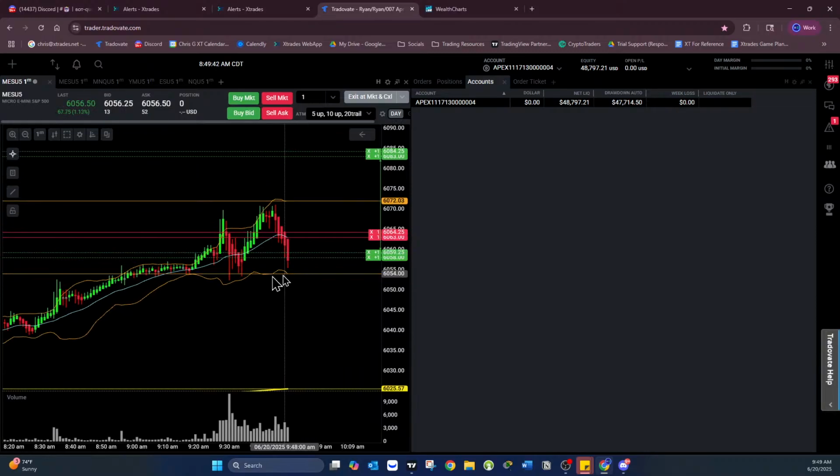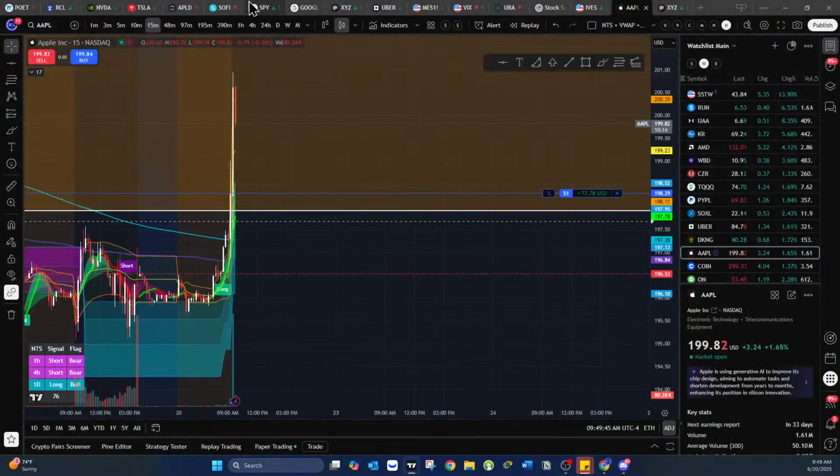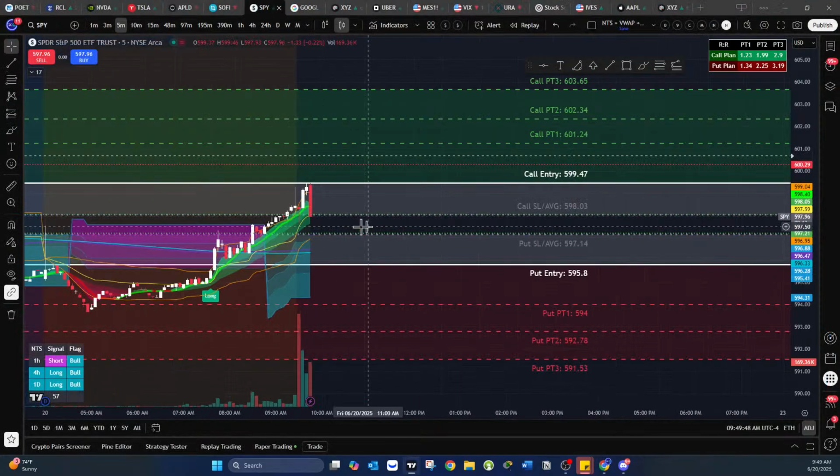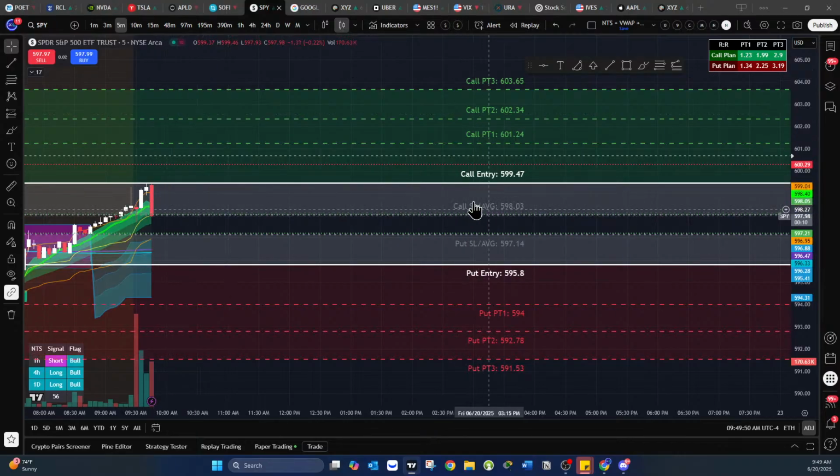We'll see. This little line right here could be a point of support, which usually I like to coincide with JTW's lines here, which is this call stop loss average down. Uh-oh.